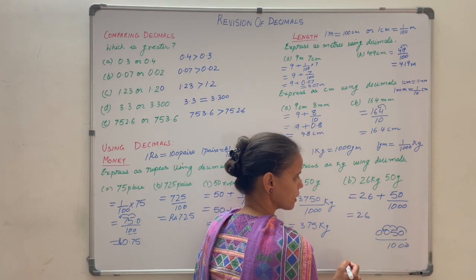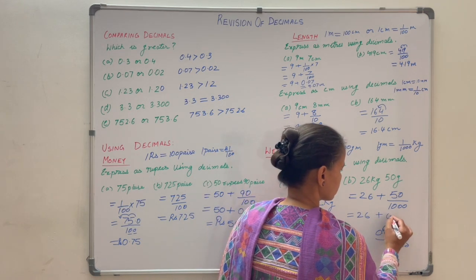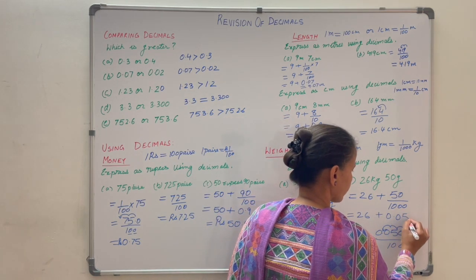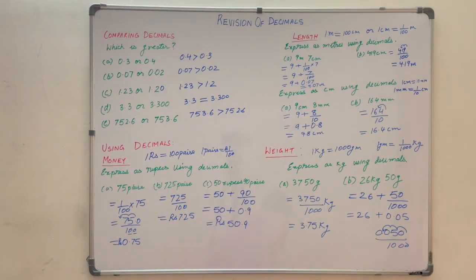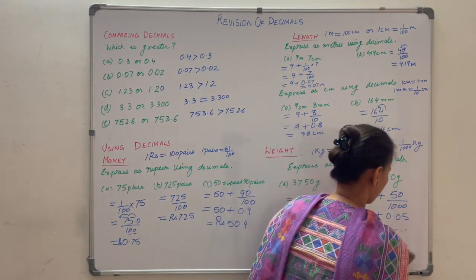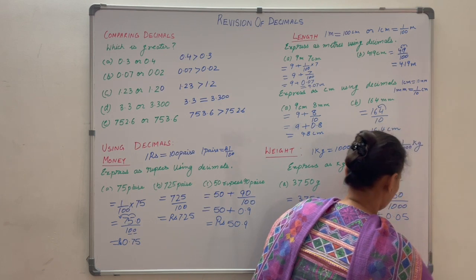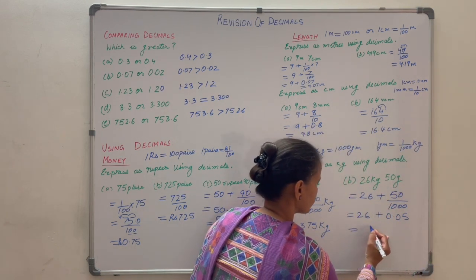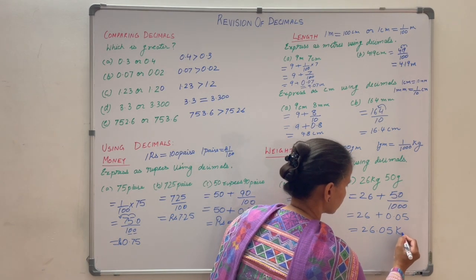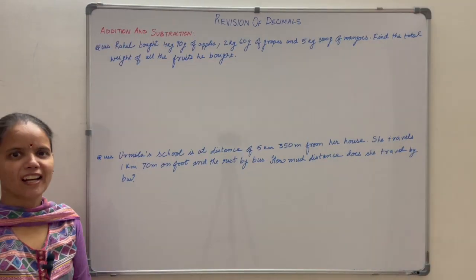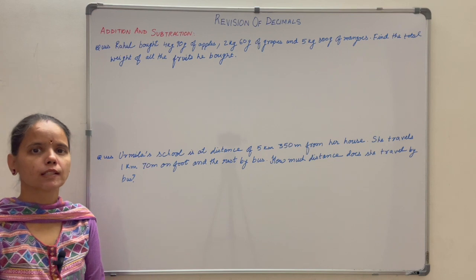So where will it come? Here. So it is 0.05 kilograms. That is how we write it. So if you add, this is 26.05 kilograms.